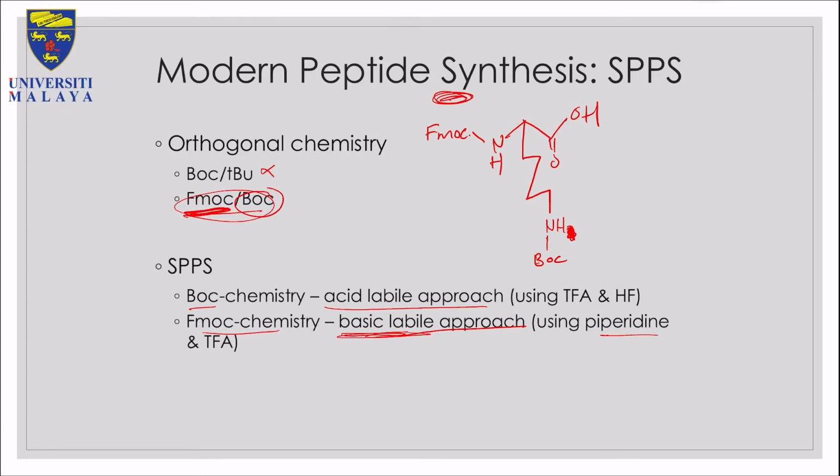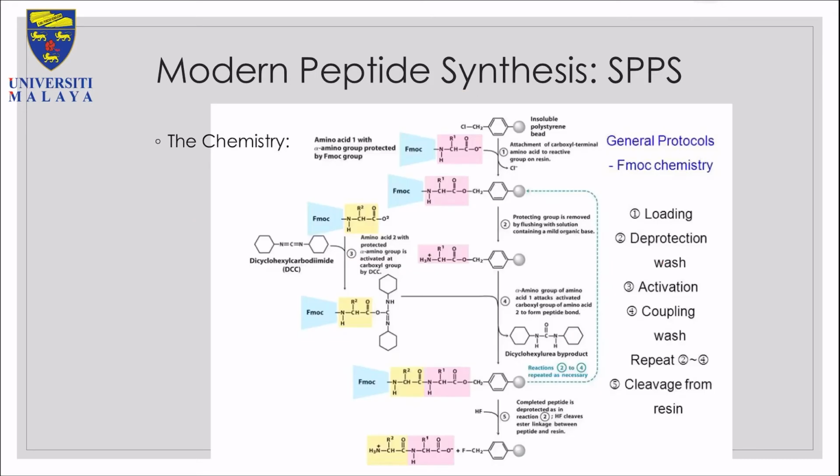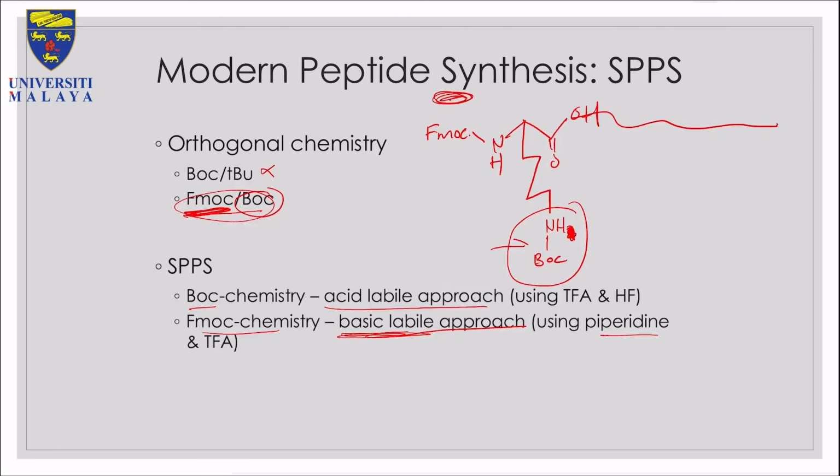Similarly, say you have your peptide over here with a lysine at the end, and you want to do a modification on the side chain of the lysine. Then yes, you can do that by removing the Boc but keeping the Fmoc intact using an acid, and then you can further modify at the side chain only.